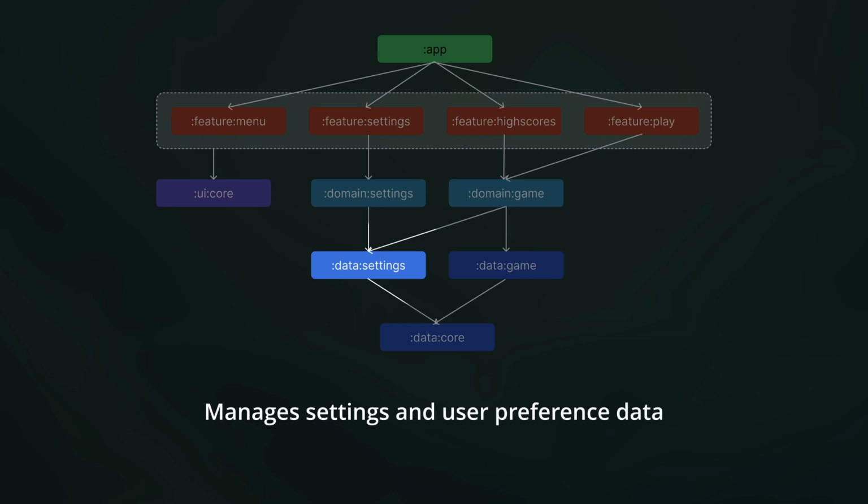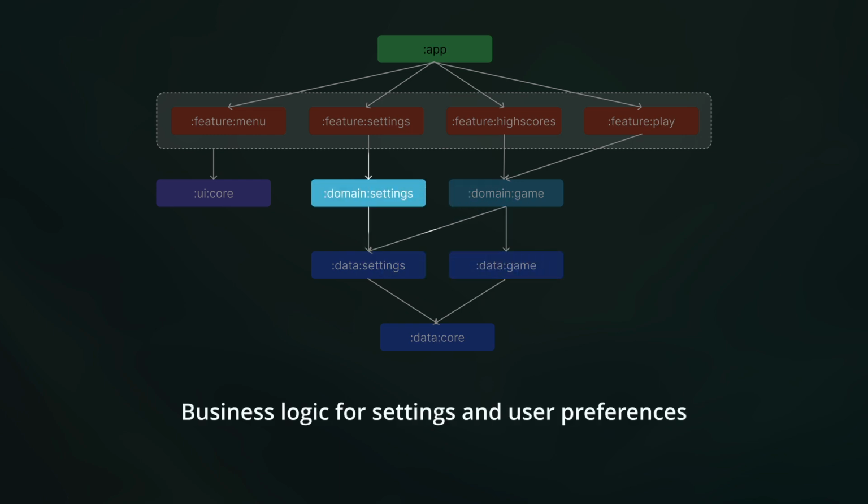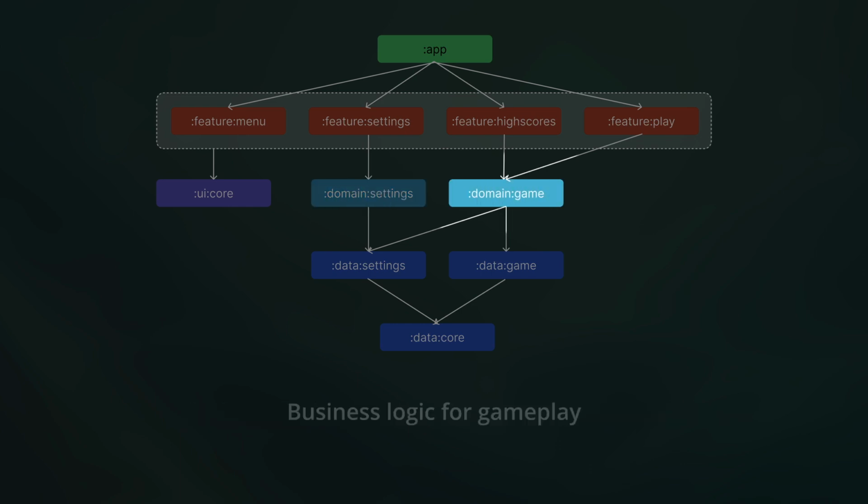Data Settings will handle the storage and retrieval of user preferences. Data Game will manage game related data, like the Minesweeper board and the scores. Domain Settings will contain the use cases related to the settings and user preferences. Domain Game will contain the core business logic for the gameplay.